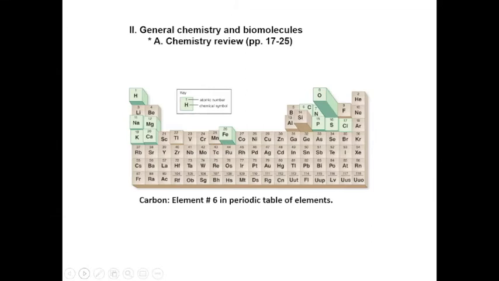So let's talk about carbon. This is probably the hub, right? We are carbon-based organisms, most of us on planet Earth. There are some that are a little different, but elemental carbon has 6 electrons.